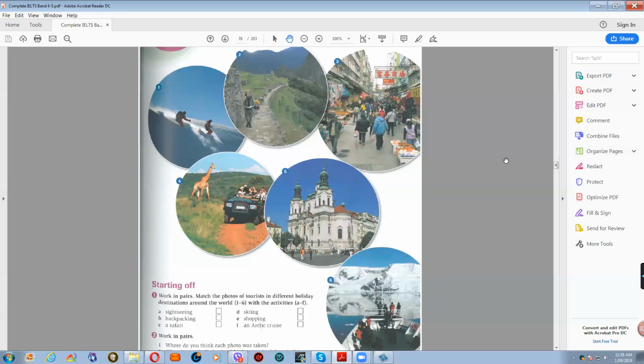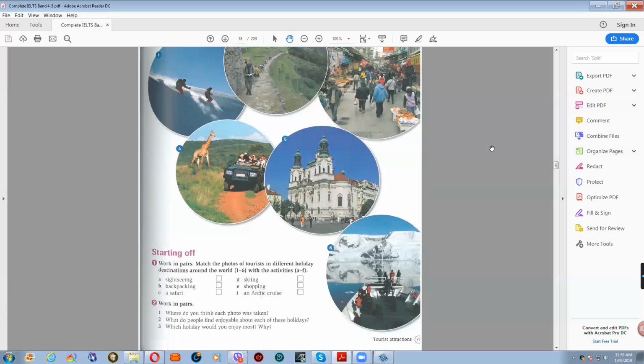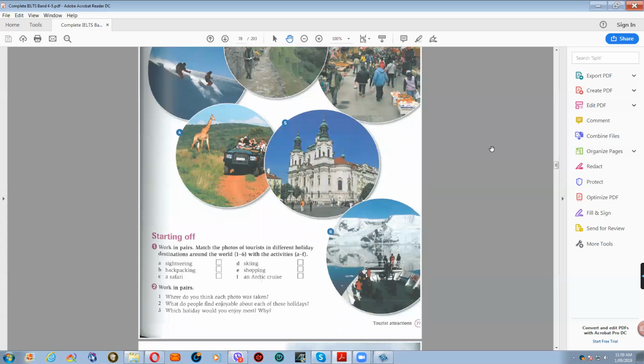Number three. They go sightseeing and buying food. Yeah, shopping. Nearly every girl I know likes shopping. Number four. They could enjoy many beautiful views and animals. Yeah, the wildlife, I think. Number five. Well, I don't know.